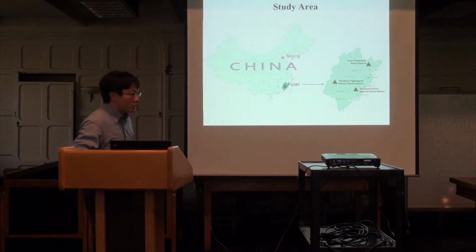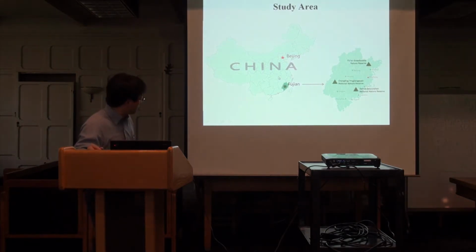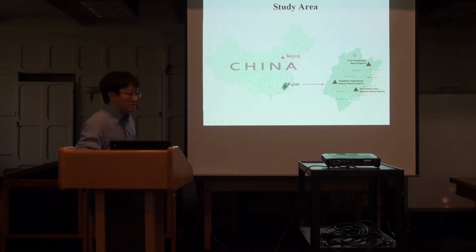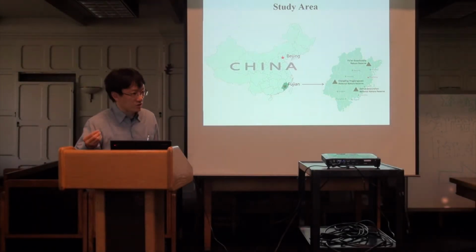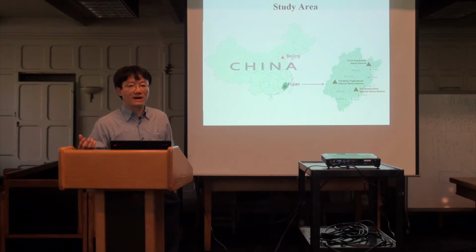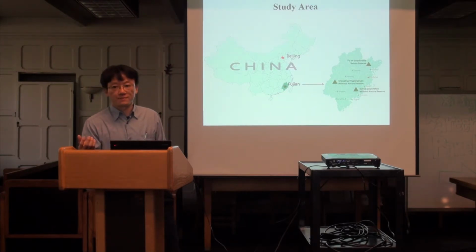So this is the study area in our paper: Fujian in the south of China. The south of China has a lot of collective forest. In Fujian, we select 3 nature reserves based on our discussion with provincial nature reserve administration staff.